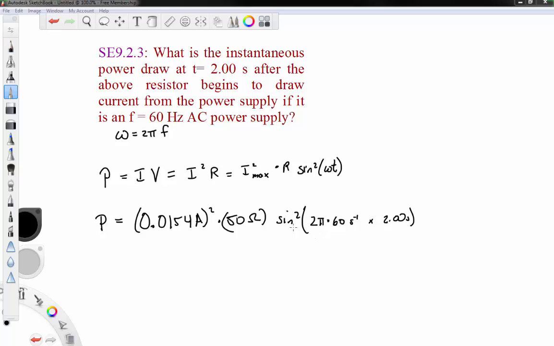So this whole thing ends up being 0, because the sine of any integer multiple of pi should be 0. So the power instantaneously at 2.00 seconds is 0 watts.